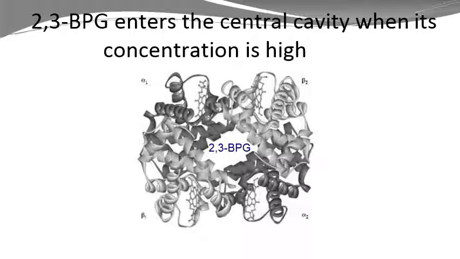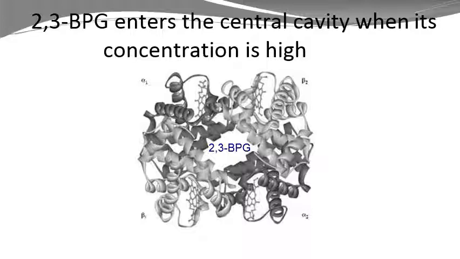So when the 2,3-BPG binds to the central cavity, it will do the reverse of what oxygen does. It will change the hemoglobin from relaxed state to tense state. And as it happens, it will release the oxygen from hemoglobin.